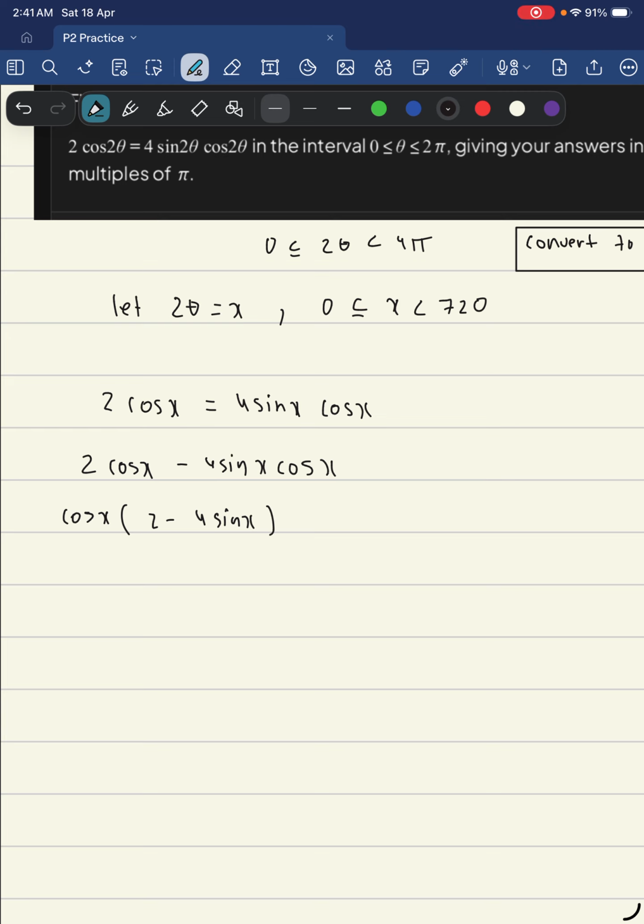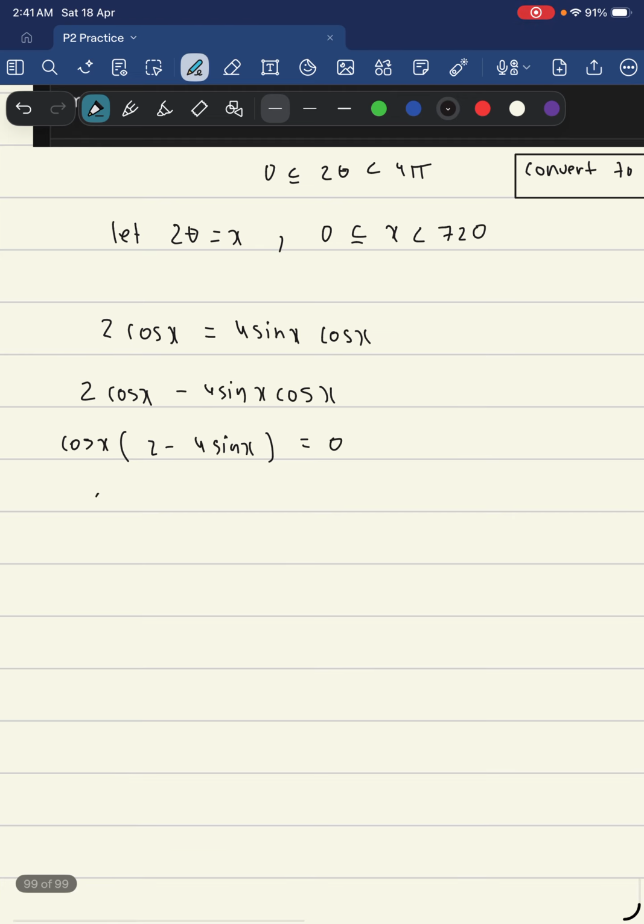If we expand this, 2 cos x minus 4 sine x cos x is equal to 0. Now we have cos x is equal to 0, and 2 minus 4 sine x is equal to 0. I don't really like it this way, so I'm just going to take it to the other side: 0 is equal to 4 sine x minus 2.